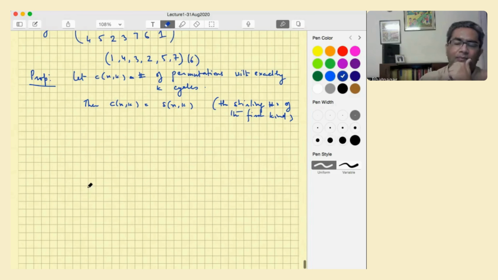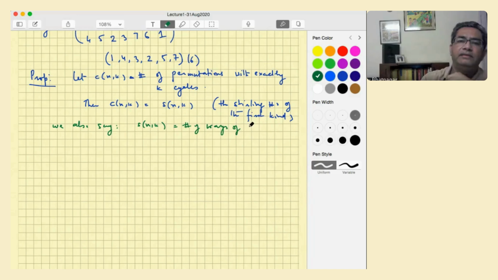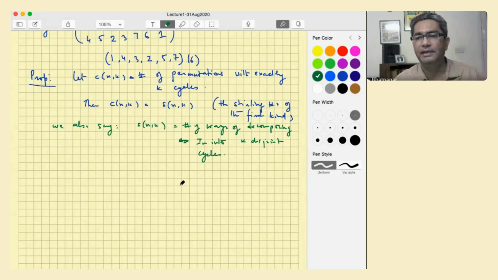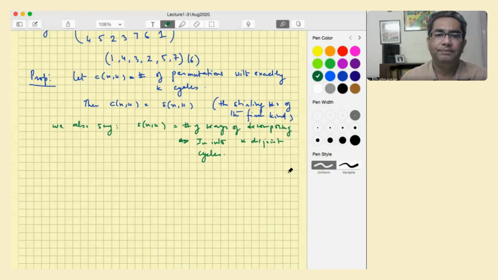Actually, I should add that somewhere you will also find this kind of terminology, that s(n,k) is the number of ways of decomposing an n-set into k disjoint cycles. So this particular object is very important in mathematics, the permutations, and it appears in many contexts.